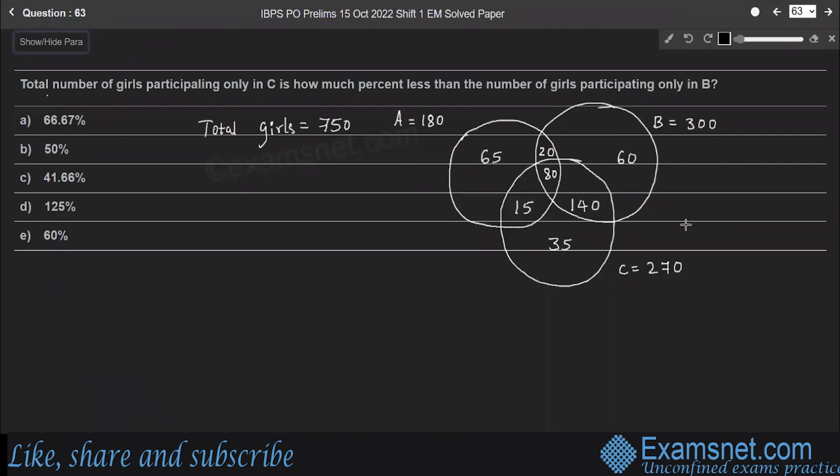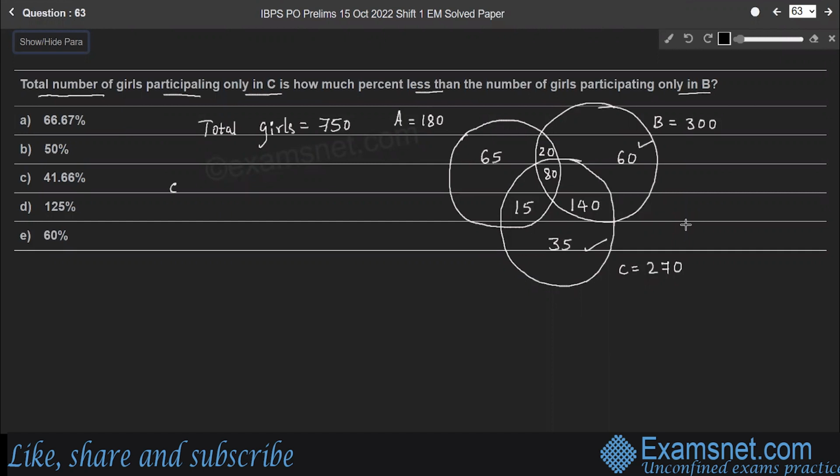Question 63. Total number of girls participating only in C is how much percent less than the number of girls participating only in B? So girls participating only in C are 35, how much percent less than girls participating in only B, that is, than number 60?